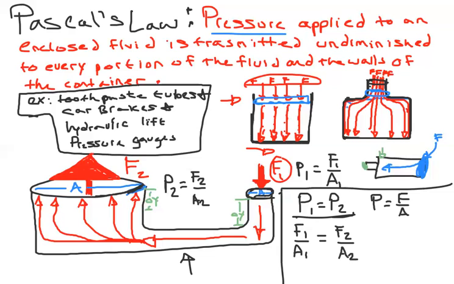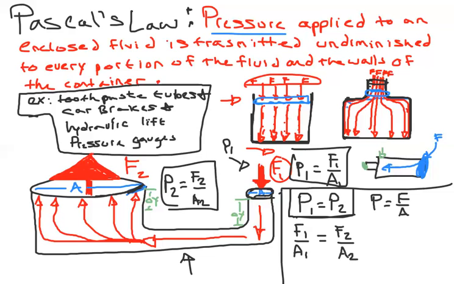So the pressure on one end, P1 over here, is going to be equal to P2 over here. Even though I'm applying a smaller force to a smaller area, here we're getting a larger force with the larger area.